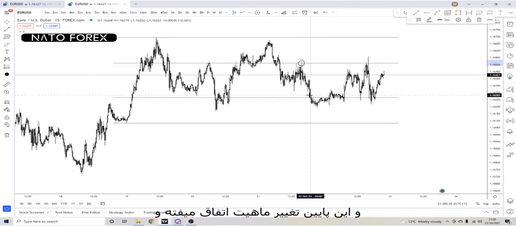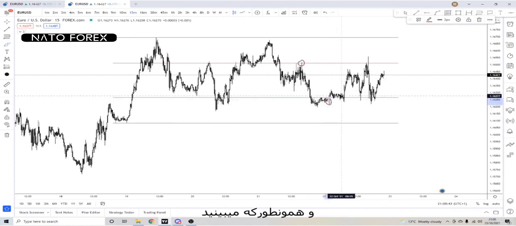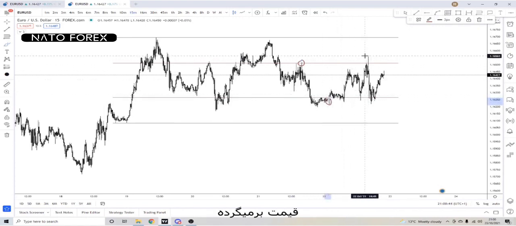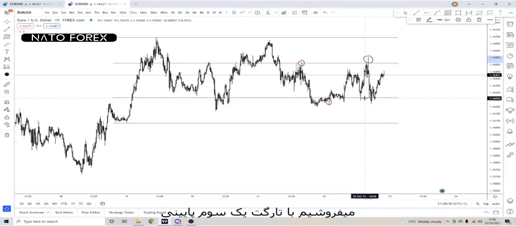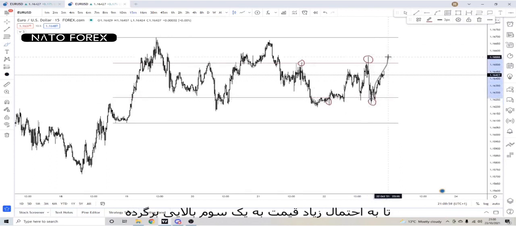Now, obviously, we'd be taking shorts here. Obviously, we get this changing character back down here, so we'll probably be taking longs within this wick. And what happens? Obviously, price gets back up into this top third. Again, shorting it back down to the bottom third. And again, looking for longs to potentially take back up into this top third.